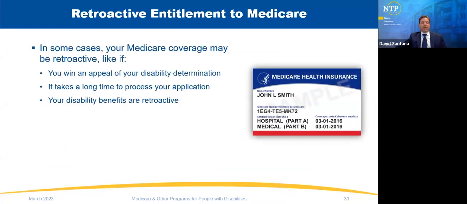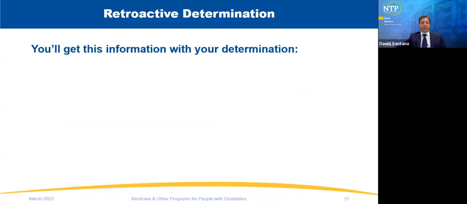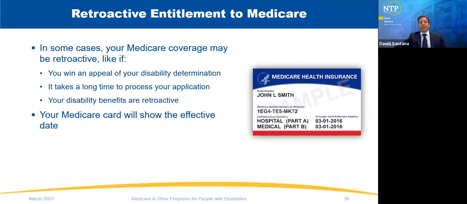Now, there are some cases, as you heard Tanya mention about the time frame it takes Social Security to process the disability cases. There are some instances where Social Security may take longer to make the decision about disability.